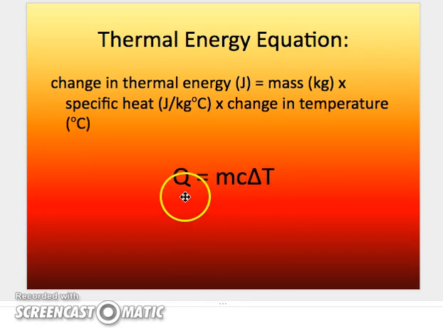The amount of heat, or the change in thermal energy, in joules, is equal to the mass in kilograms, times the specific heat, which we just talked about, in joules per kilogram degrees Celsius. That's where this little c is. That's the specific heat. Times the change in temperature.